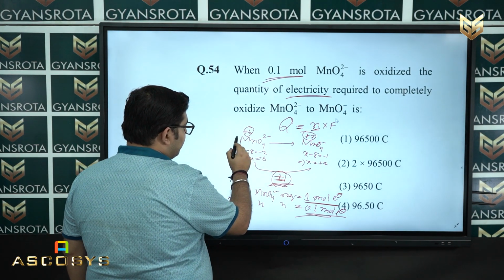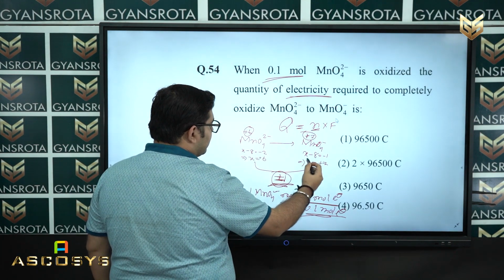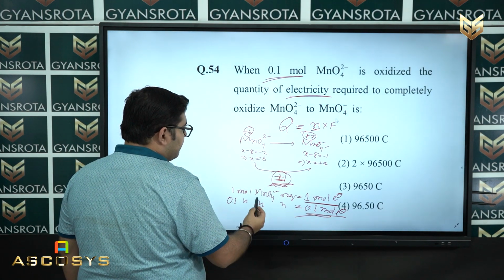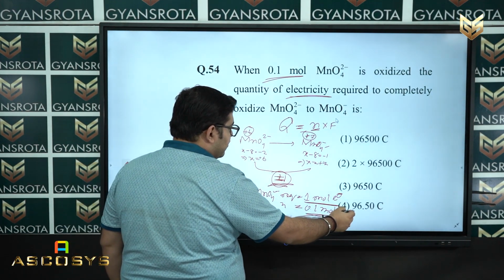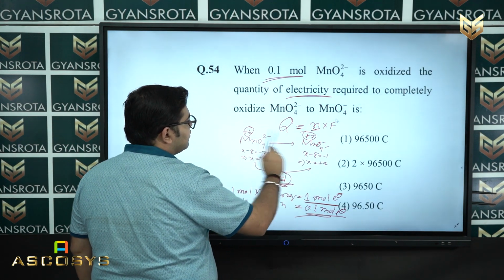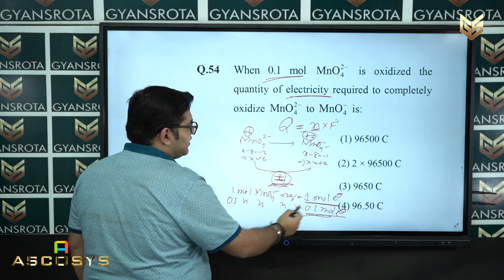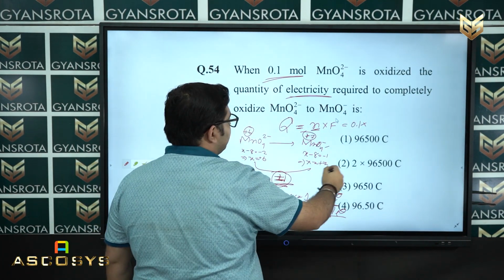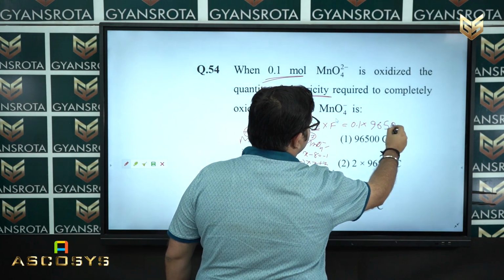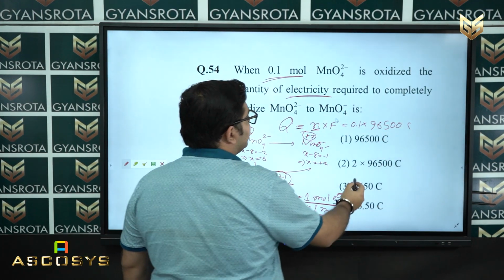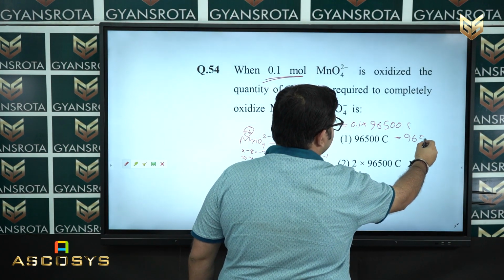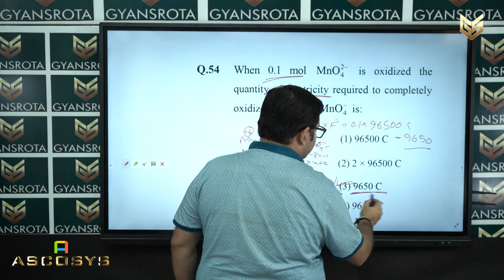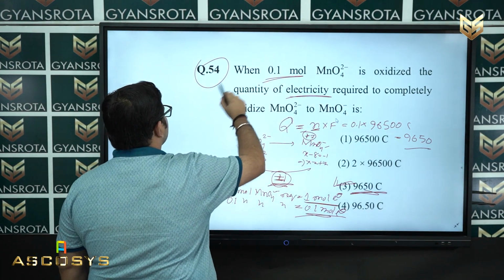So for 1 mole of MnO4 2 minus we require 1 mole of electron to convert it into MnO4 minus. So for 0.1 mole we require 0.1 mole of electron. Now this is the value of n. Just put it here: n is equal to 0.1 and F is 96500 coulomb. If you solve this one, your answer will be 9650. So your option number 3, having this 9650, is the correct answer of question number 54.